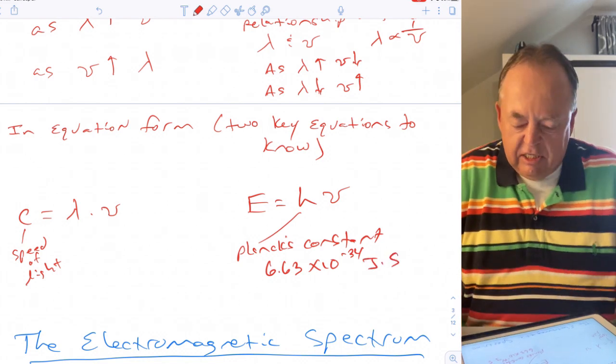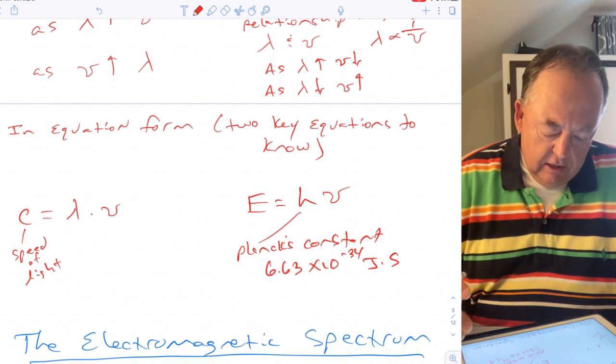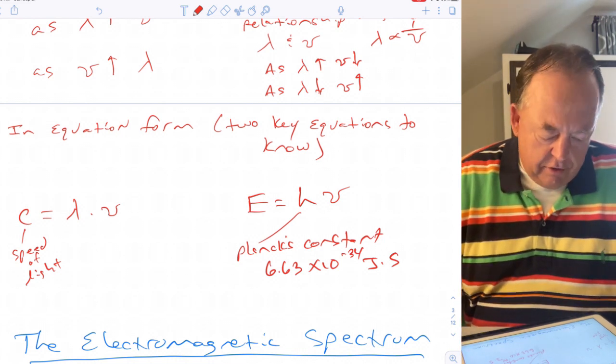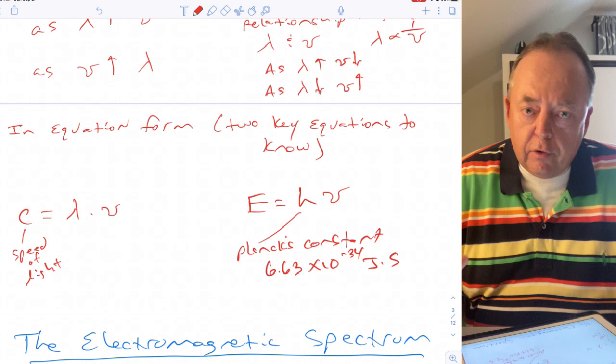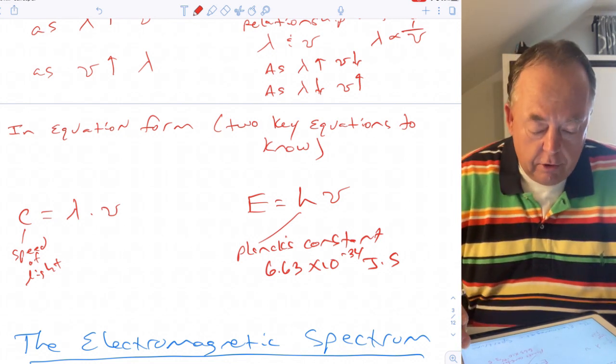And that is equal to 6.63 times 10 to the minus 34 joules times seconds. So we'll do some calculations with these equations throughout these lectures, but those are two key equations in this chapter that you want to know how to use.